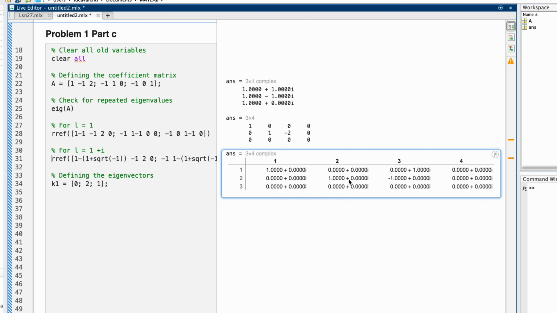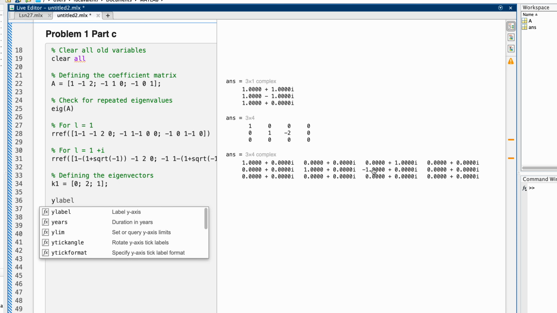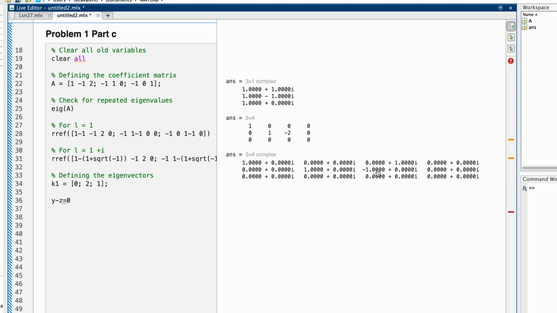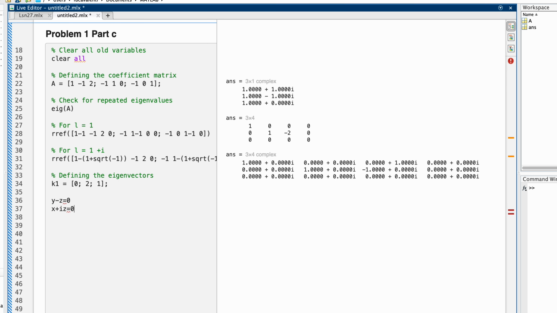that here we have x, so let's write it down. Here we have y, and here minus z, that's equal to 0. And then here we have that x plus iz is equal to 0.